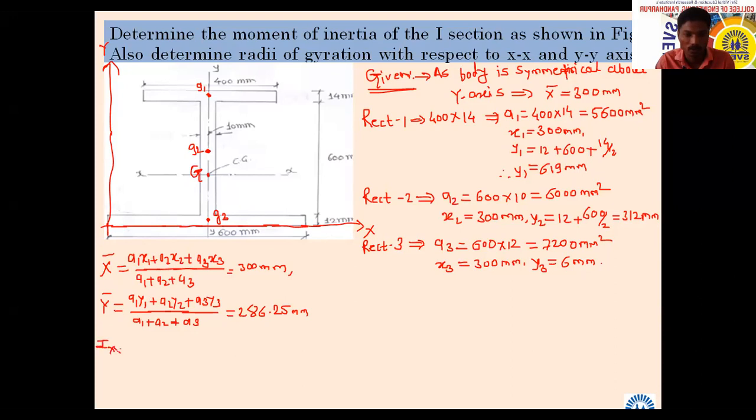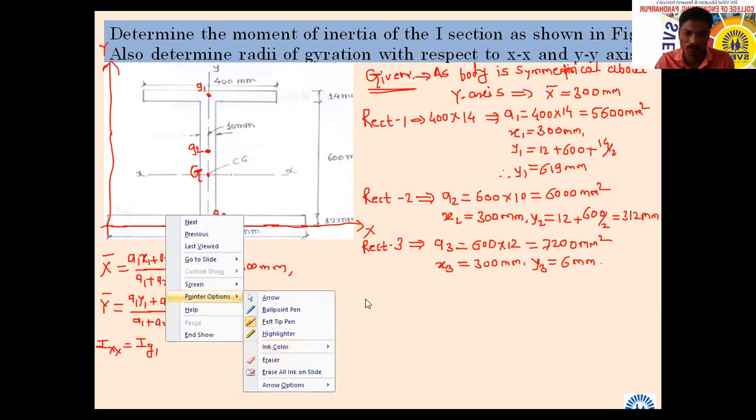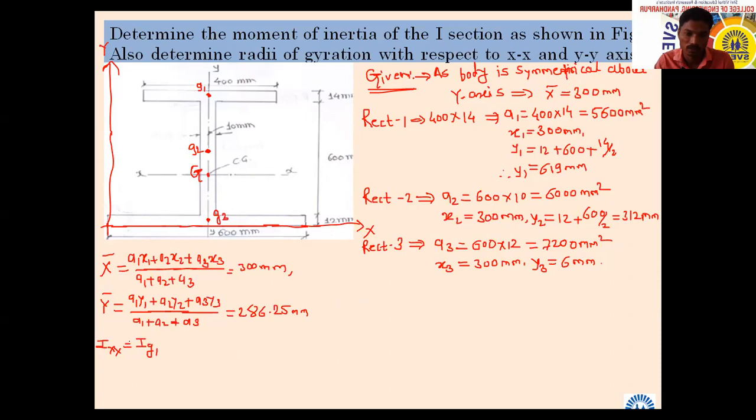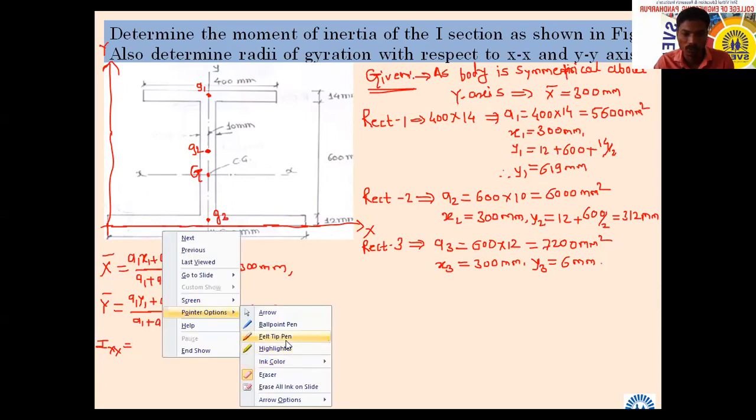Ixx equal to, I will write in square bracket so that you will understand, the moment of inertia about axis G3. Three moments of inertia we have to add.